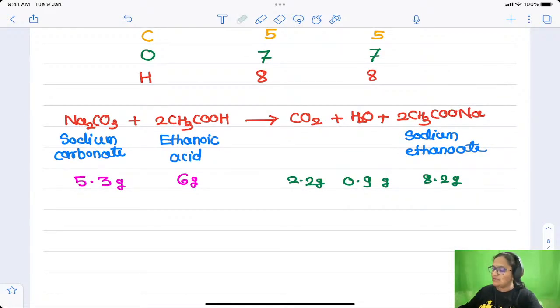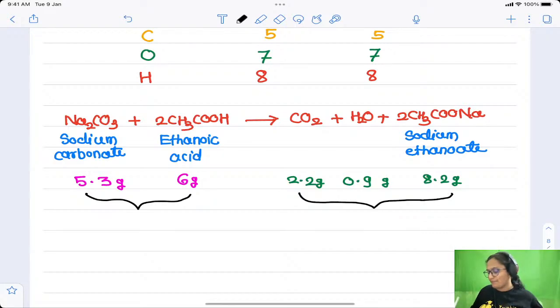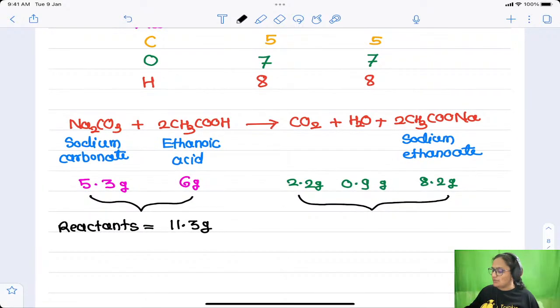Now whenever we are checking for the law of conservation of mass, we check both sides, and the weights on both sides should be the same, right? So the sum of the weights of reactants is 5.3 plus 6, that is equal to 11.3 gram. For the products, the sum of the weights is 8.2 plus 0.9 plus 2.2, which is also equal to 11.3 gram.